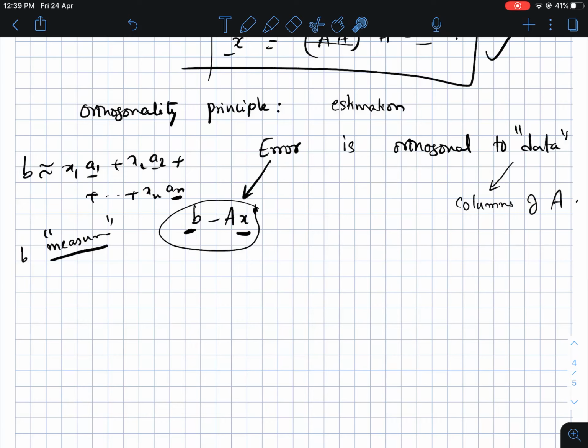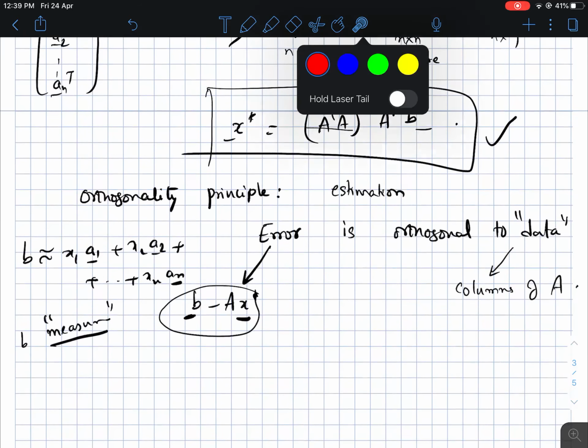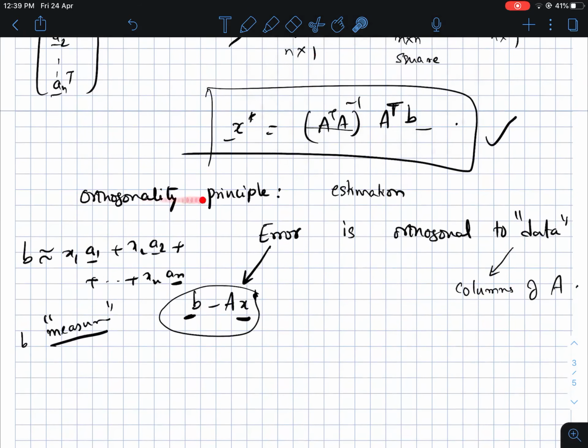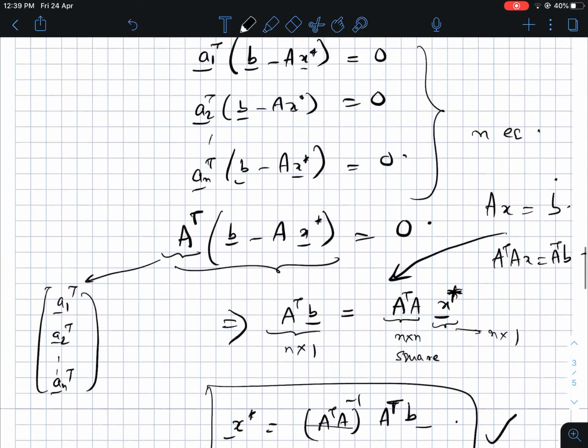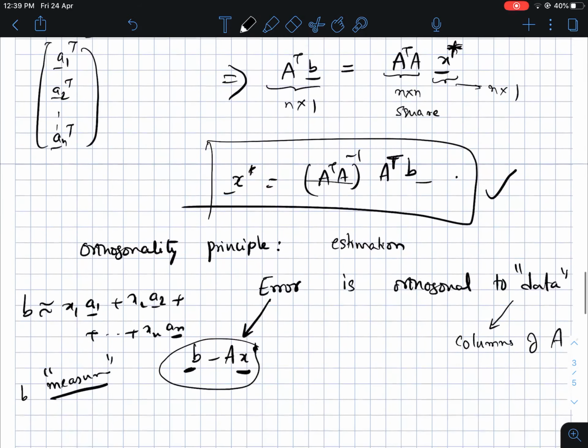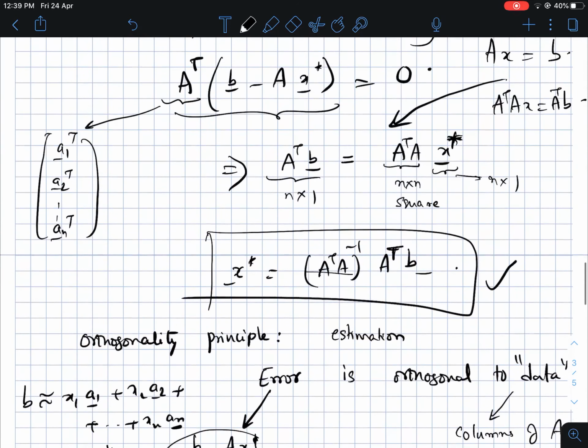So what you are saying is the best way to pick the coefficients x1 to xn is to make sure that the resulting error will be orthogonal to the data. Okay, it's called the orthogonality principle. It is an extremely useful way to remember what we have discussed here. Okay, fine. So in the next part we'll go into this derivation in slightly more detail, and then we'll introduce the concept of the pseudo inverse.